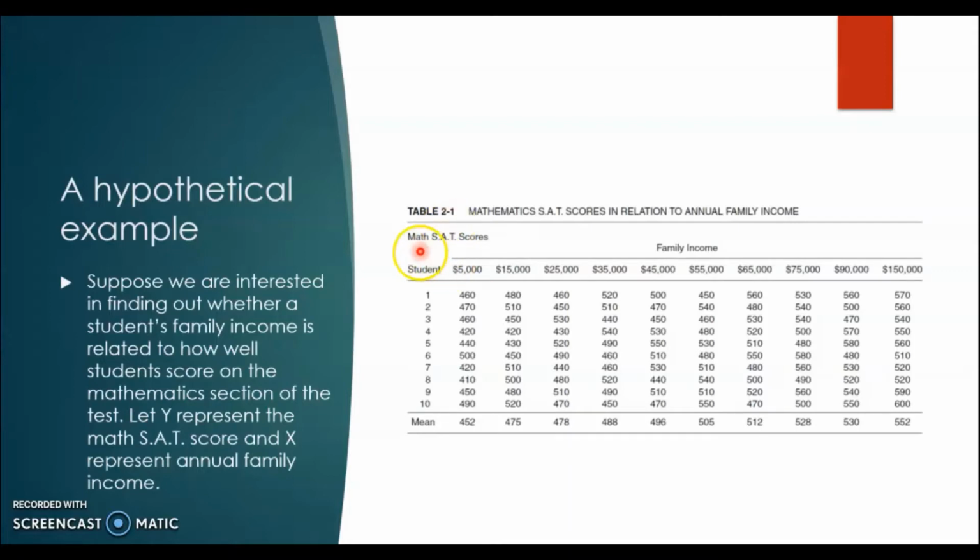From this table that you can see on this slide, this table can be interpreted as follows.